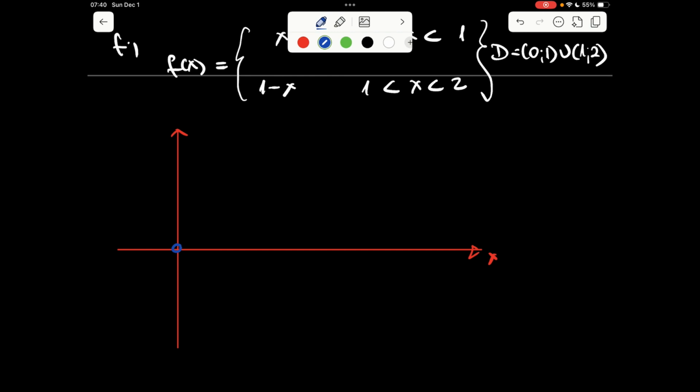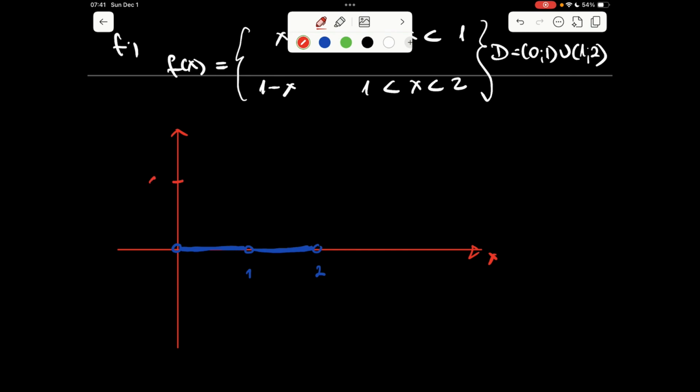We have holes over the domain. This is 1, this is 2, and the function is interpreted only over the blue lines, and at the holes we have no value for the function.